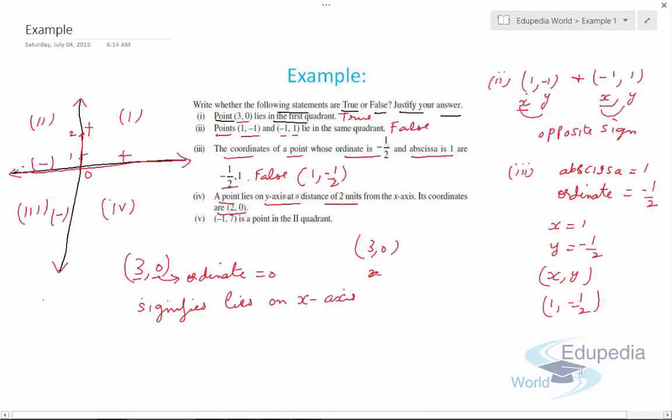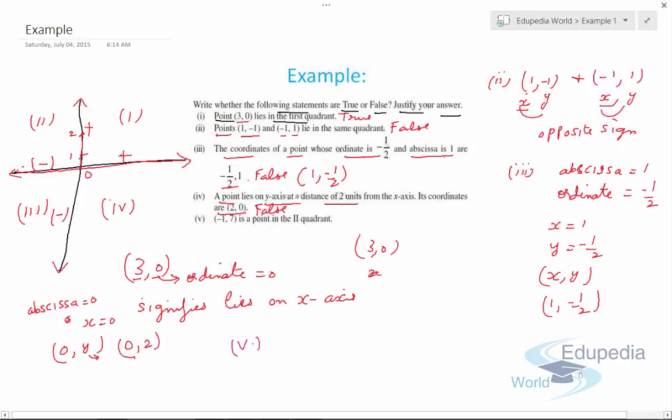As we have already discussed, if the point lies on the y-axis, its abscissa part will be 0, meaning the x part will be 0. So the point will be (0, y), where y can take any value. Now the point lies on the y-axis at a distance of 2 units, so the coordinates will become (0, 2). So the statement is false again.